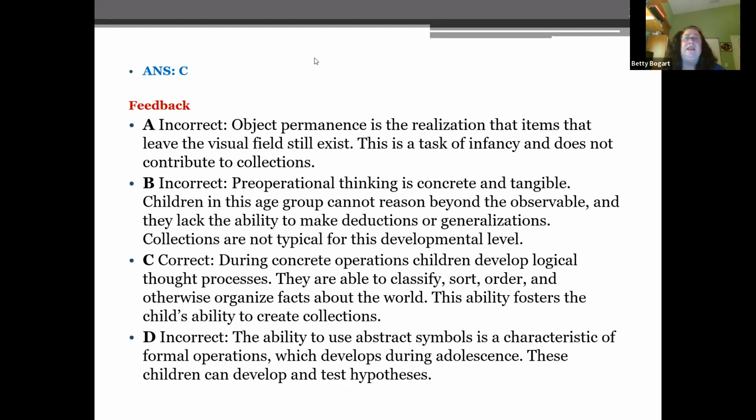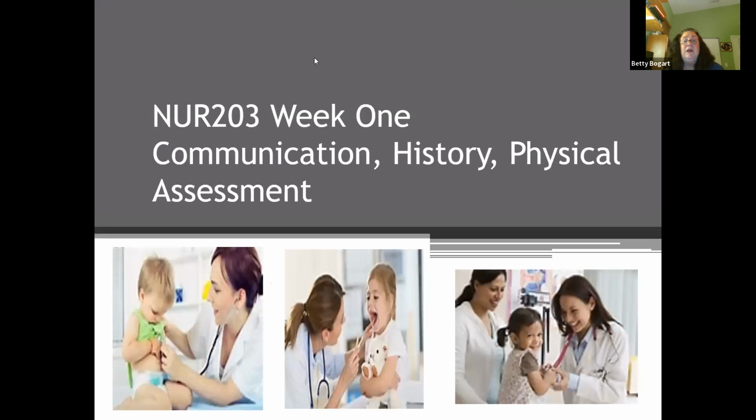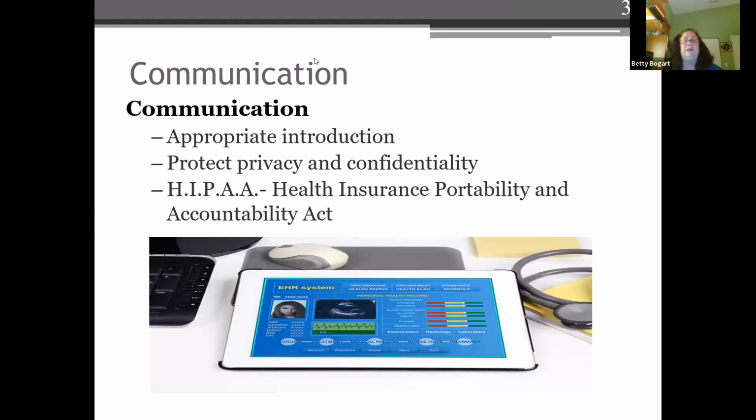I just redid the week 2 PowerPoints, and I made sure this is covered beautifully next week, but just to let you know, it's going to be there. So history, physical, and doing assessments. Now, there's always HIPAA, even with children. The one thing with children, pediatric is up to age 21. 18, 19, 20, and 21 are adults.